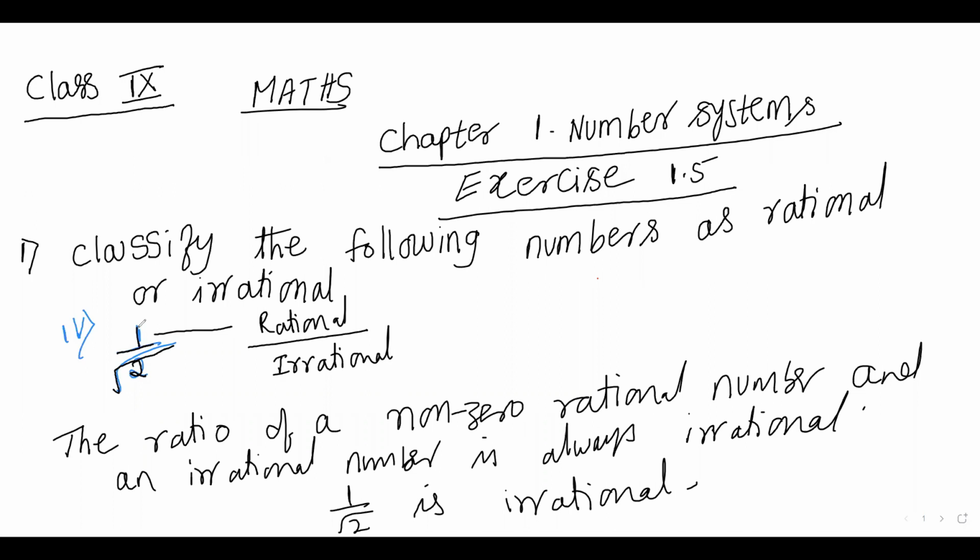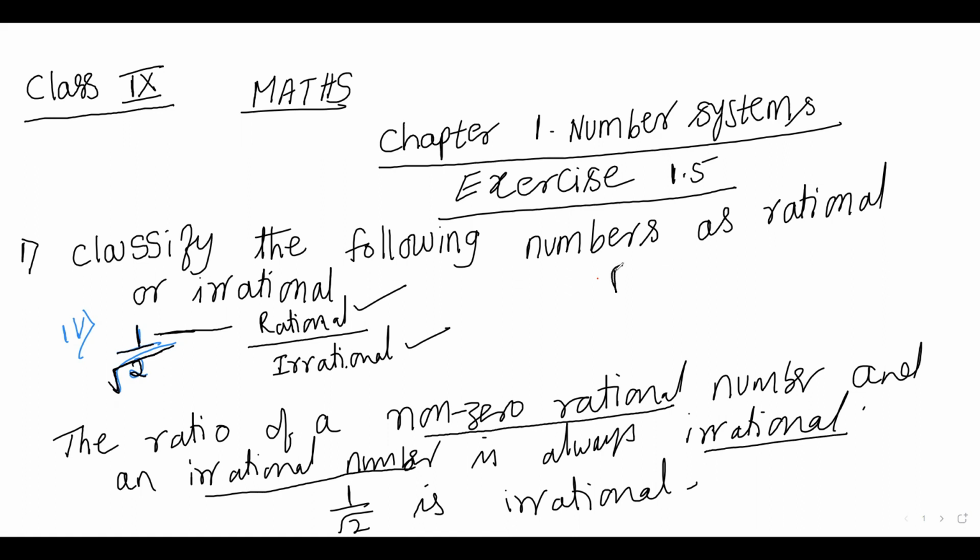The next bit is 1 by root 2. Numerator is rational and denominator is irrational. So ratio of non-zero rational and an irrational is always irrational.